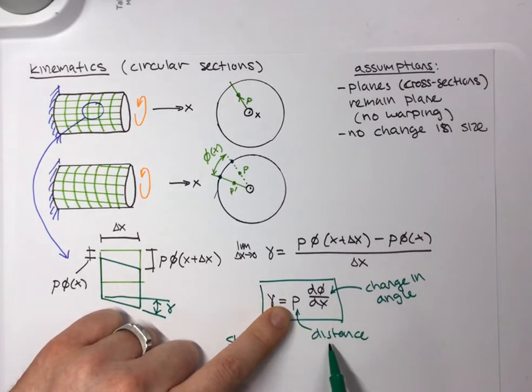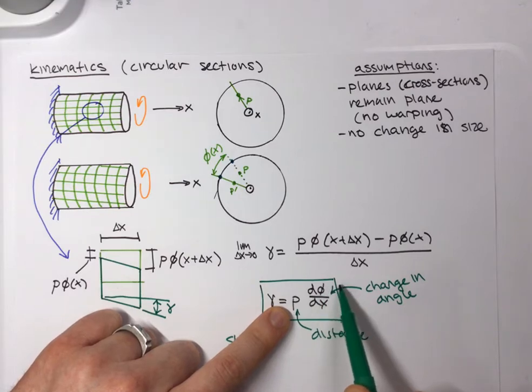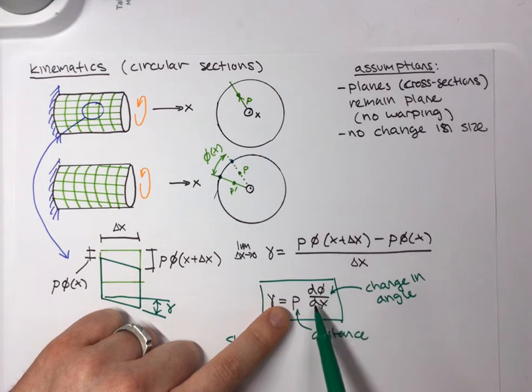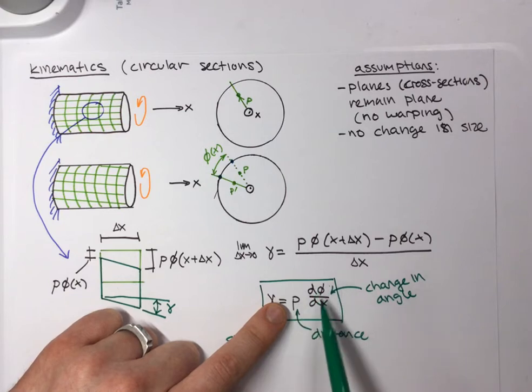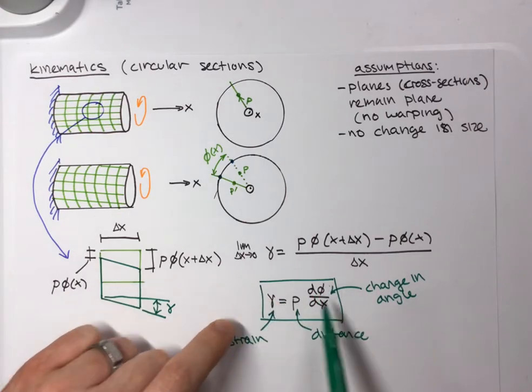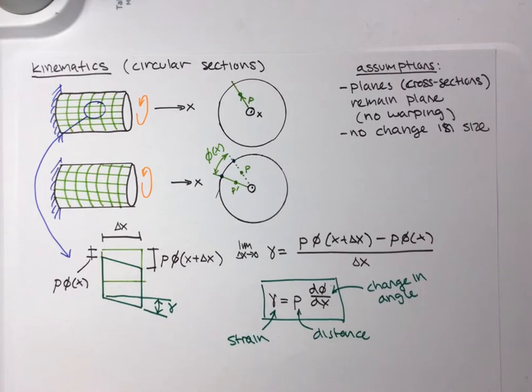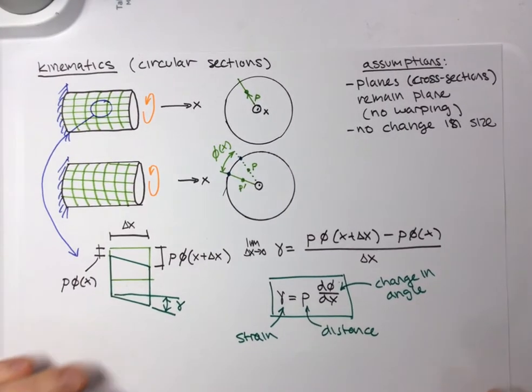Rho has some distance. And d phi, so phi is an angle again, so it doesn't have any units. It's radians, right, which are kind of like ghosts. And we're dividing that by the distance, x. So this is really radians per distance. So we have distance times radians per distance. That ends up being radians, and that works out for our shear strain. So the units are good there.